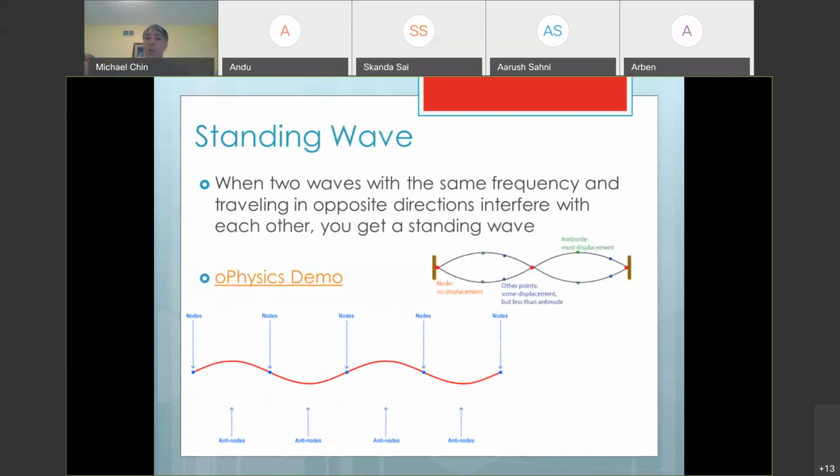One may be going up and the other one may be going down, but sometime later they're both going up, and then sometime later they're both going down. If you do this correctly, as long as they're the same frequency, you will always have this situation of nodes and antinodes.